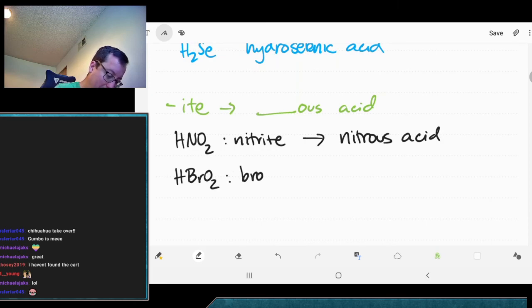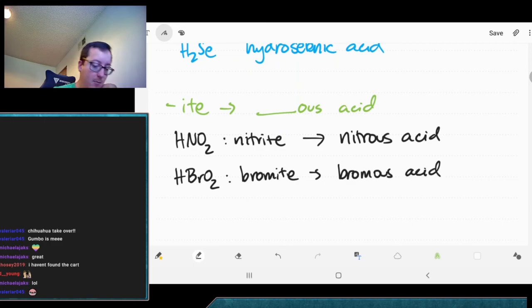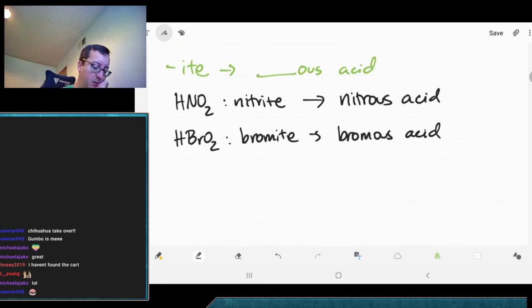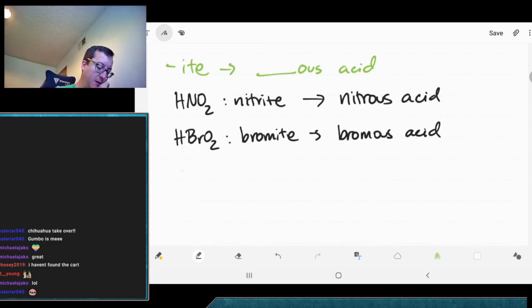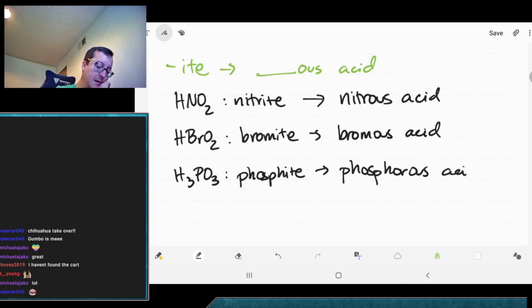If you have bromite, bromous acid. For example, or what's another ite? How about phosphite? This is phosphorous acid. Sulfur and phosphorus are special.